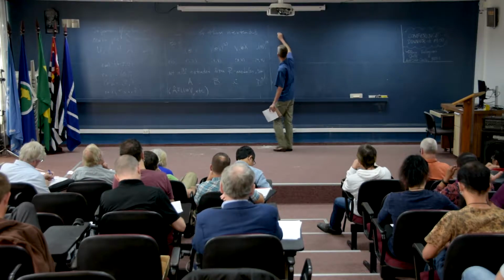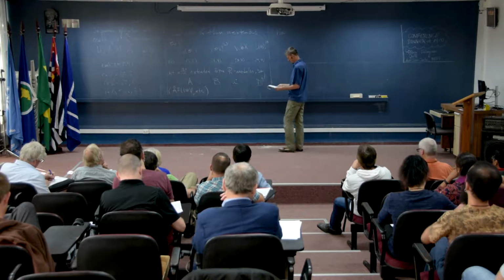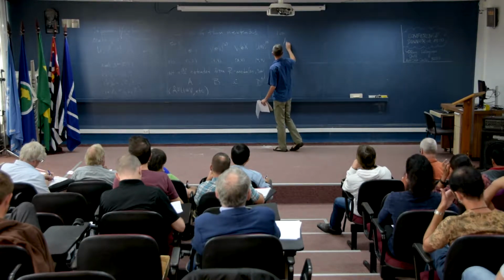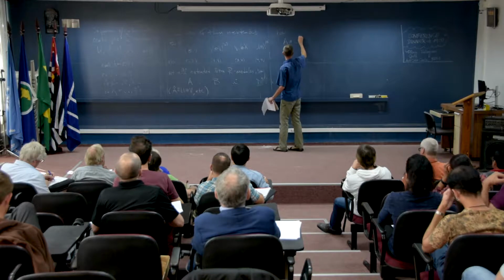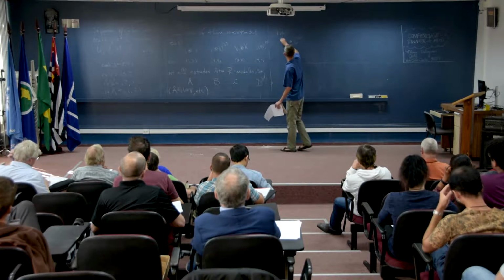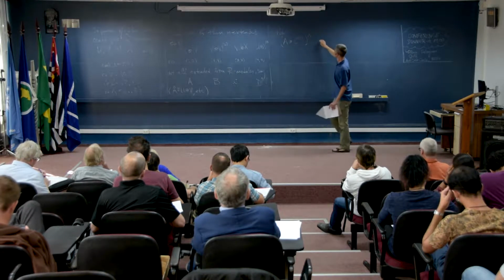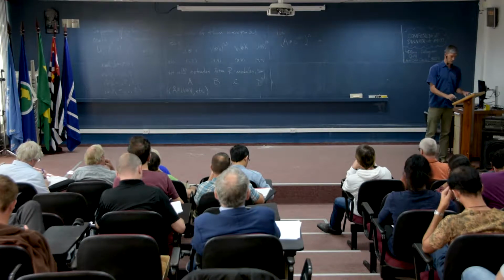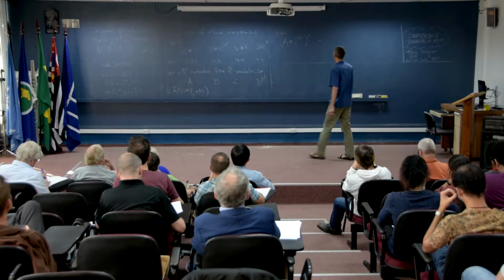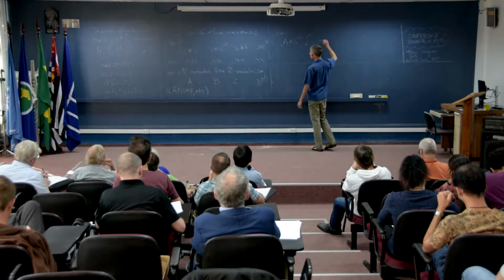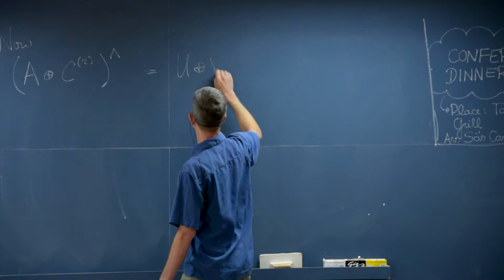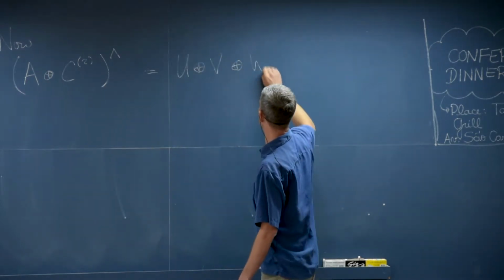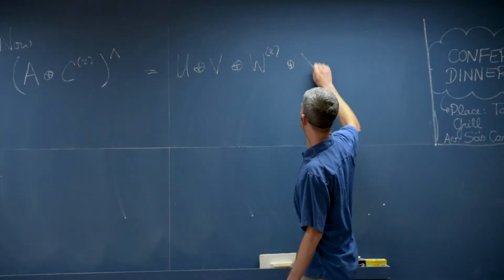And now look at, if I take A and 2 copies of C, and I complete that. This is a big moment. Let's see if I got it right. So completing A gets me U plus V. Completing 2 copies of C gets me 2 W's and 2 X's.